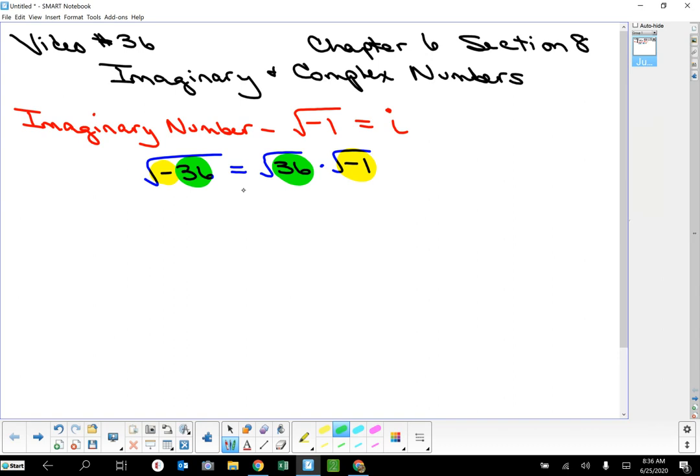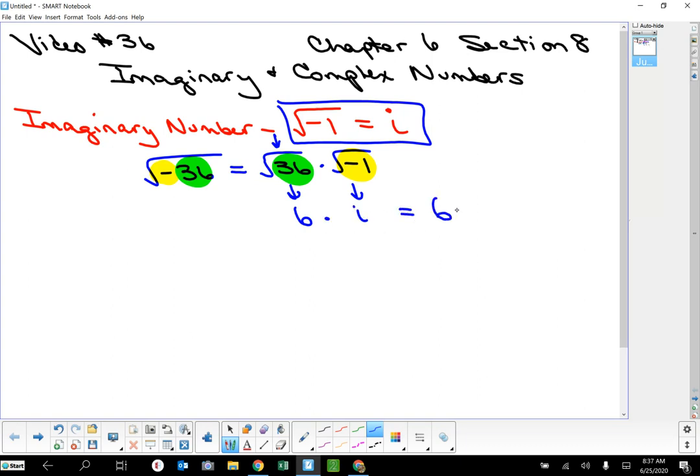So just break it up into the number that's under the radical and then a -1. Then you reduce the radical like you always have. The root of 36 is 6, and by definition the root of -1 is i. Multiply these together and you get 6i.